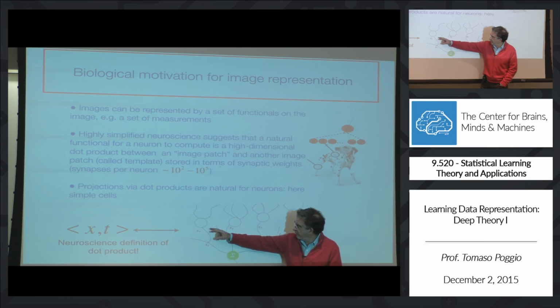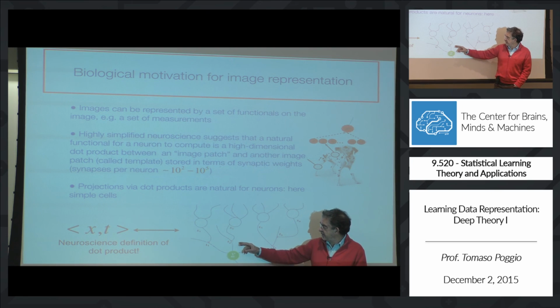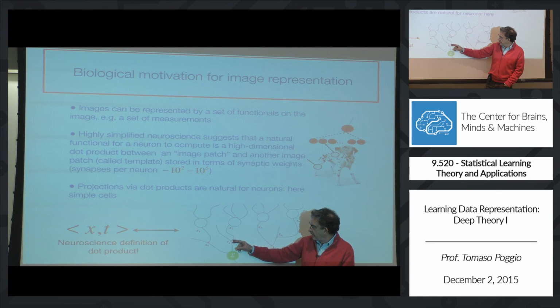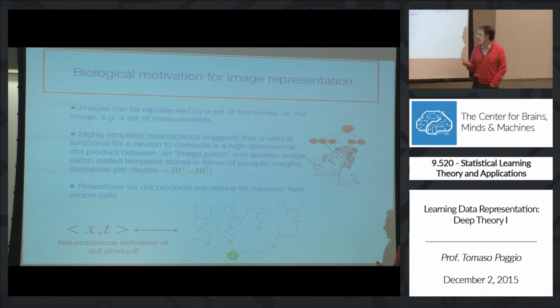And so you have various inputs, X1, X2. These are electrical signals. A very simple approximation of what's going on at the synapse is that a number related to the voltage carried by this axon is multiplied by a weight, the strength of the synapse.